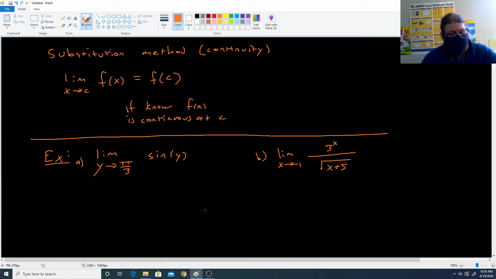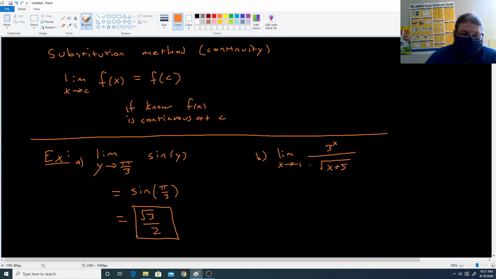We just go through and say, all right, first of all, sine of y is continuous, so then this limit is going to equal sine evaluated at pi over 3. So if we think about sine of pi over 3, I believe that's square root of 3 over 2. Let me just verify that real quick. Oh yeah, in this AP class, you guys need to make sure you set your calculators in radians. So that's going to be square root of 3 over 2, and we get our answer that way.